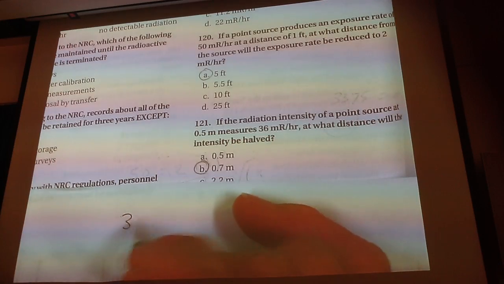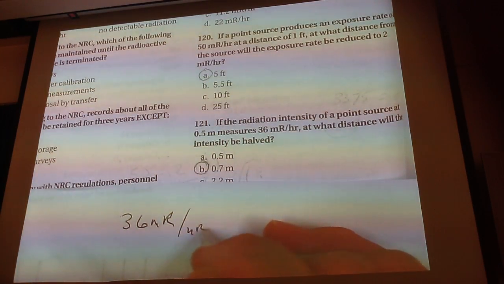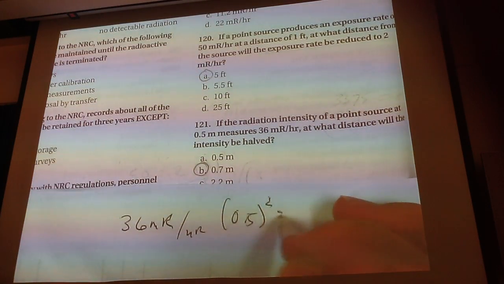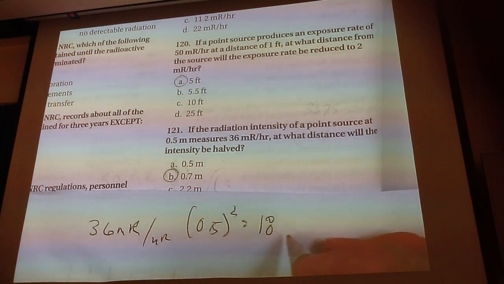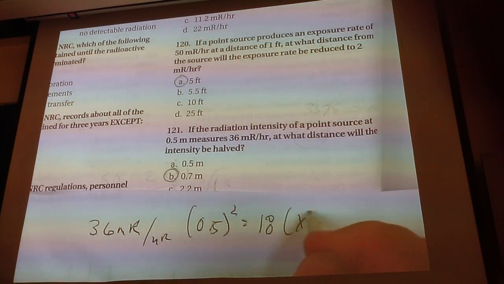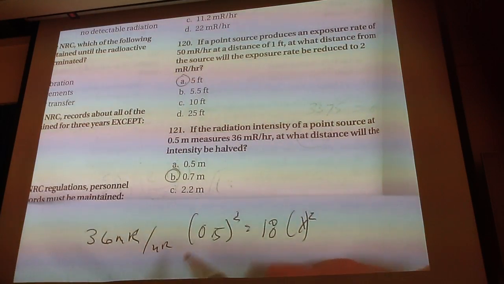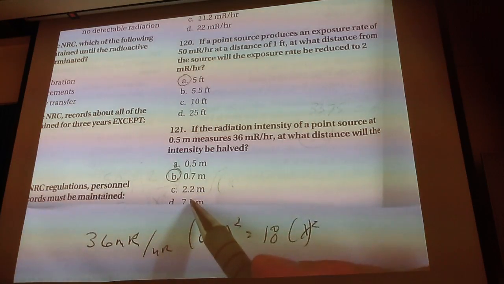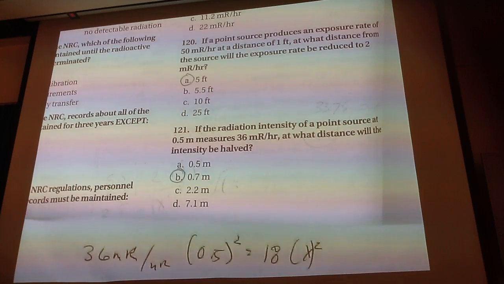So we have 36 MR per hour at 0.5 squared is equal to 18, because we're having half, times x squared. Okay, and I'm sure if you go through the calculations, you'll find that it's 0.7 meters. But like I said, get used to these, because you will definitely see something like this on your boards.